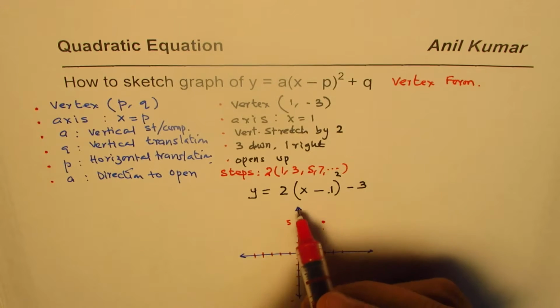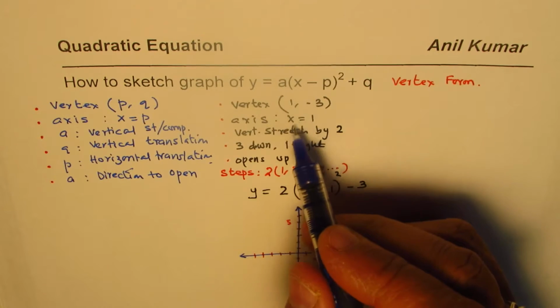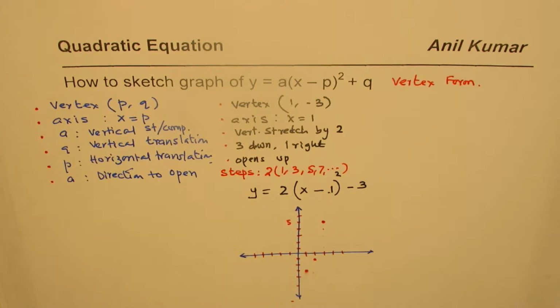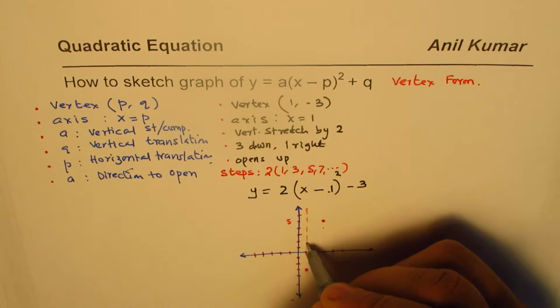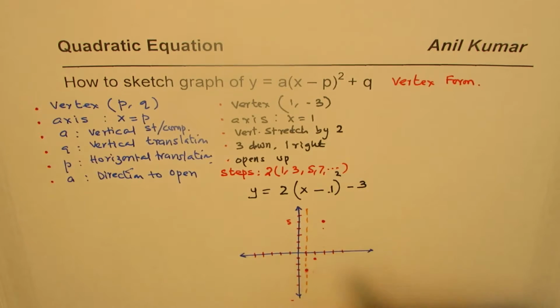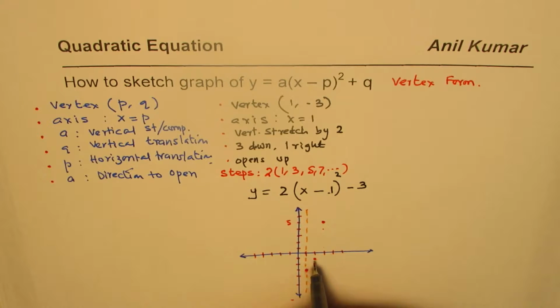Now the axis is x equals 1. Let me draw the axis in a different color, going through the vertex. That's the axis, and all of the points which we just plotted will be symmetrical, so this point will be here, symmetrically placed.